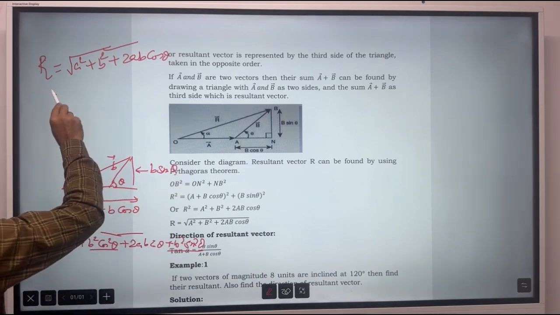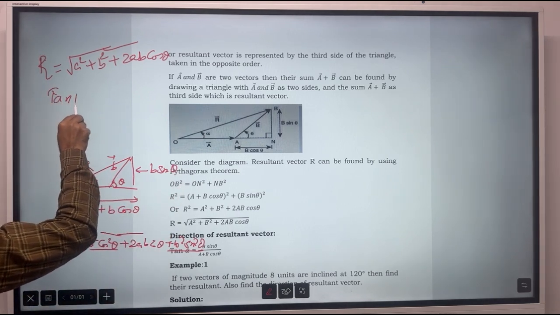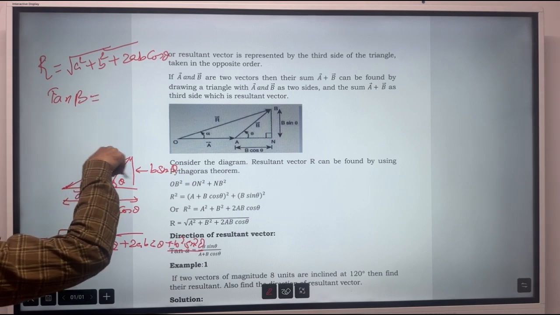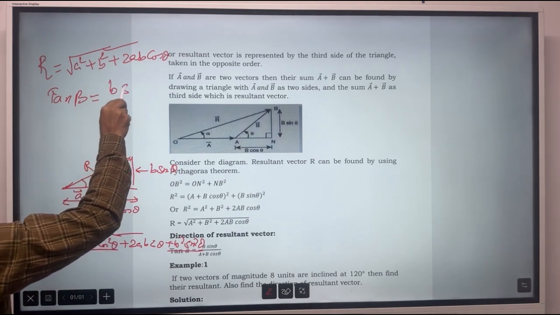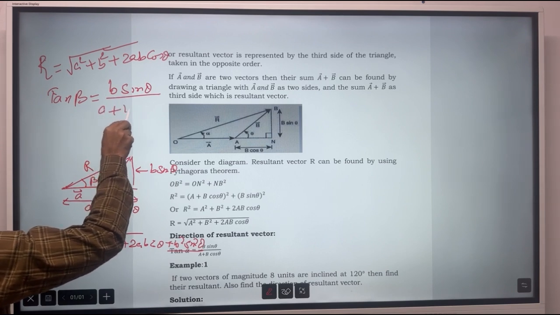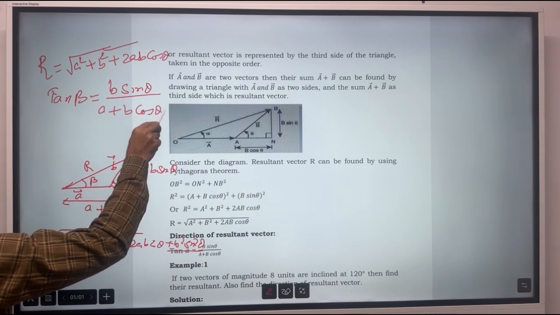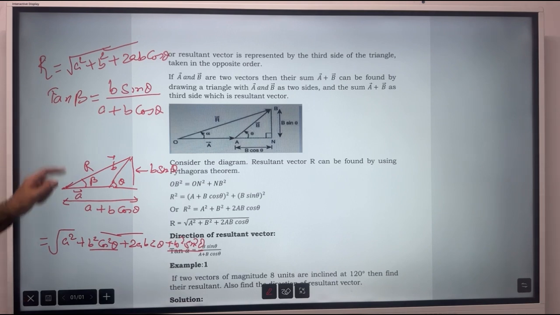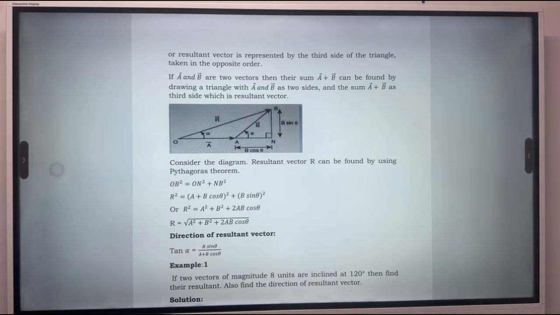So we can find tan beta equal to perpendicular B sine theta divided by A plus B cos theta. I think you have understood. We will do some numericals, then things will become clearer.